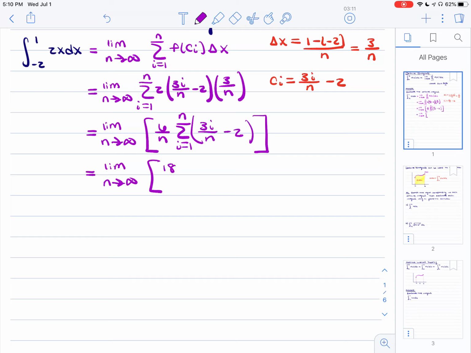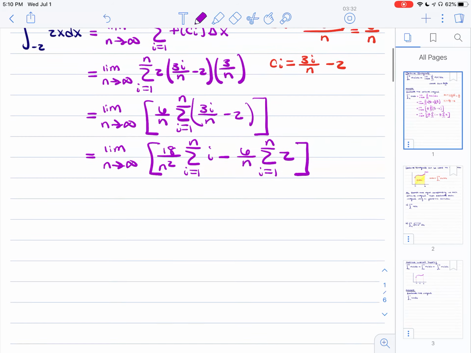So I'm going to make this 18 over n squared times the sum from i equals 1 to n of i, and then minus 6 over n times the sum from i equals 1 to n of 2. So I split this into two different pieces.